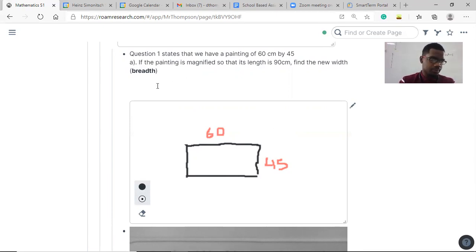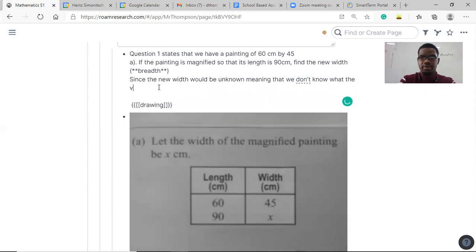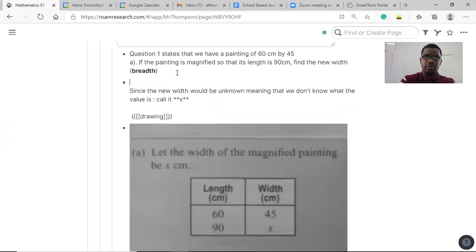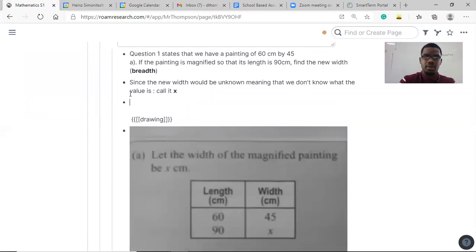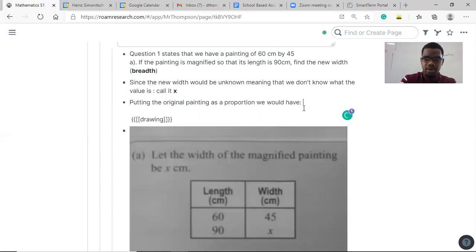So here's what we're gonna do. Since the new width would be unknown, meaning that we don't know what the value is, call it X. All right, so we're gonna call the unknown X. So therefore, putting the original painting as a proportion, we would have 60 divided by 45.